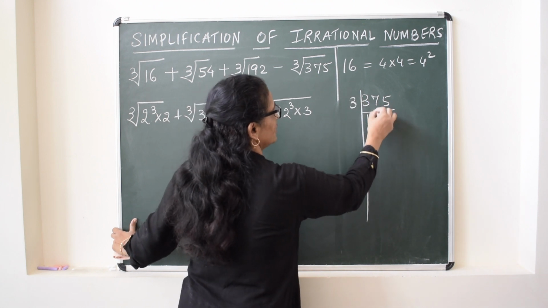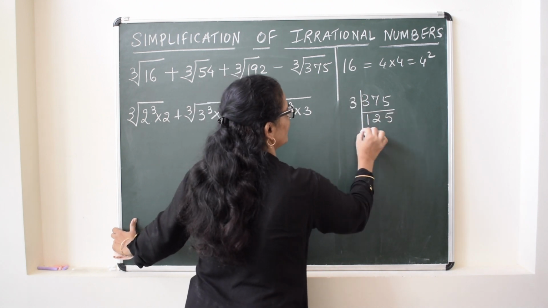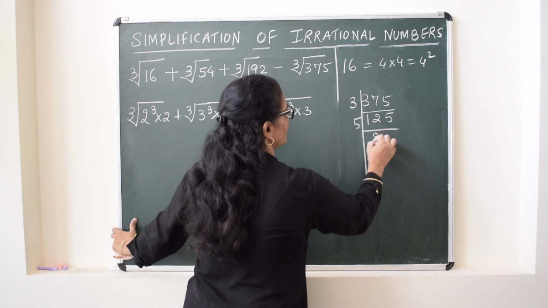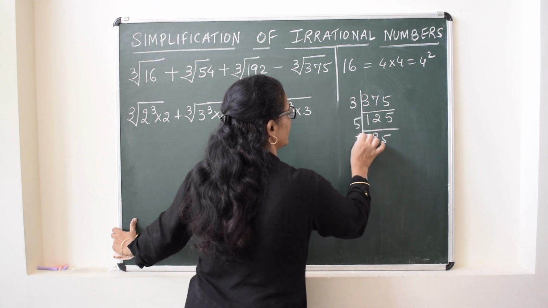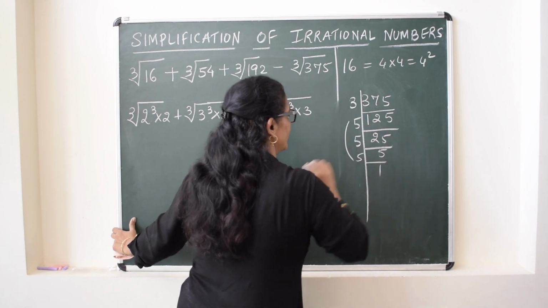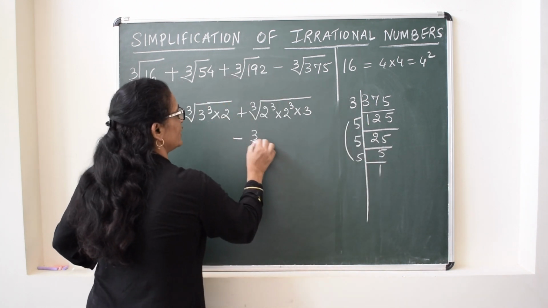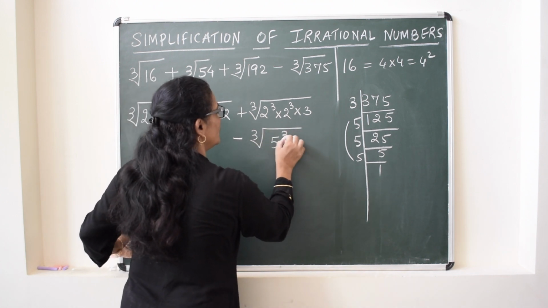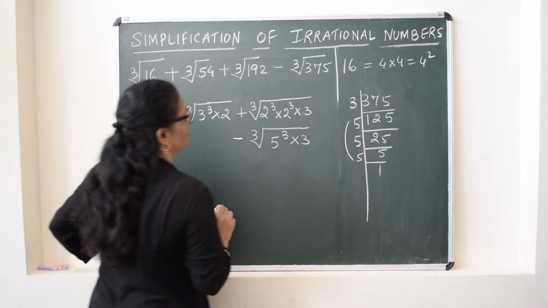So 3 ones are 3 and then 5, next will be 5, 25 is then again 5, 5 and this is 1. So 3 5's are there. So we'll rewrite it as 5 cube into 3.